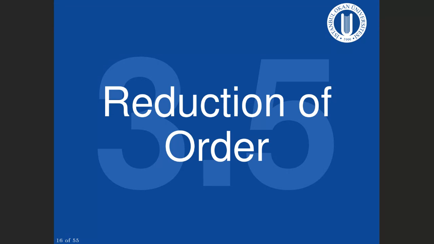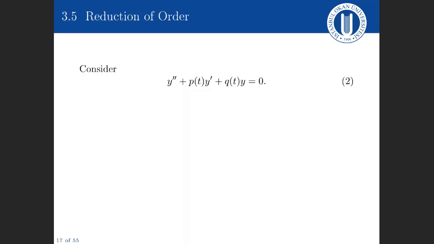That brings us neatly into the method of reduction of order. In this section, we're going to be looking at equations of the form y'' + p(t)y' + q(t)y = 0, for some functions p and q.